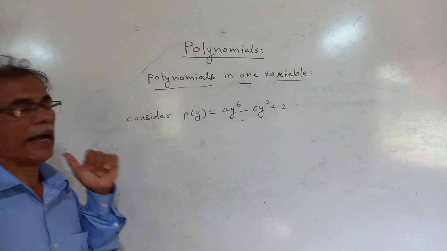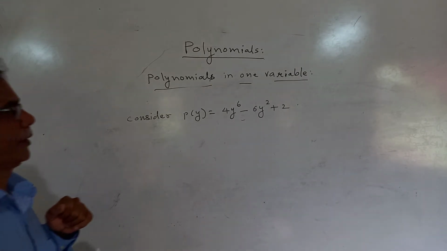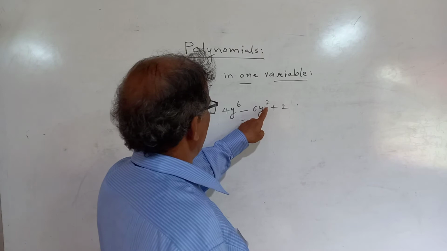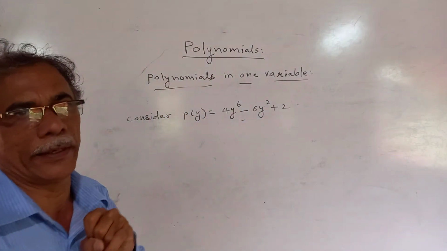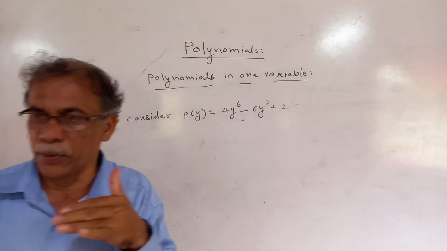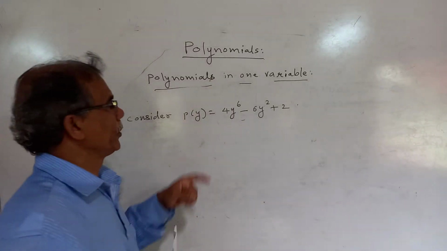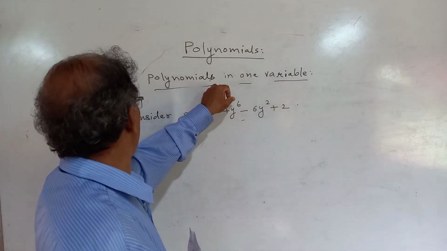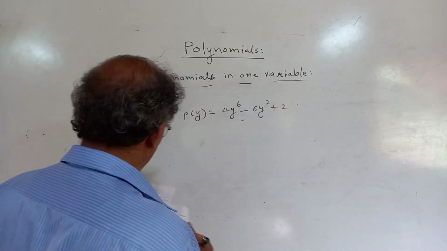Now, which is the highest exponent here? Here y square, exponent 2, here exponent 6. So 6 is the highest exponent. The highest exponent in a polynomial is called the degree of that polynomial. So here what is the degree of this polynomial? This 6 is the degree of this polynomial.